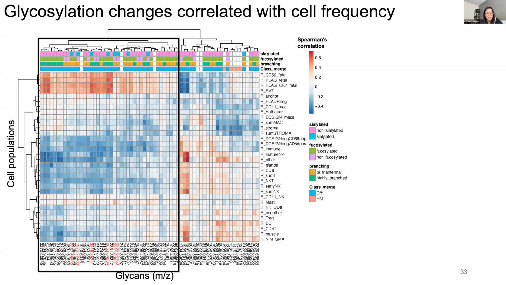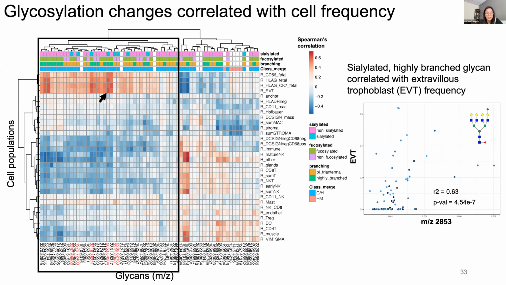And we saw that there was a group of glycans that correlated with fetal cells and extravillous trophoblasts. Many of these are sialylated and highly branched structures. One example to highlight is this sialylated and highly branched glycan that correlated strongly with extravillous trophoblast frequency.